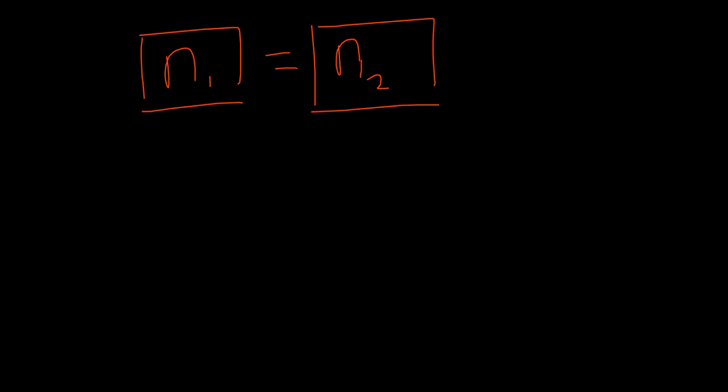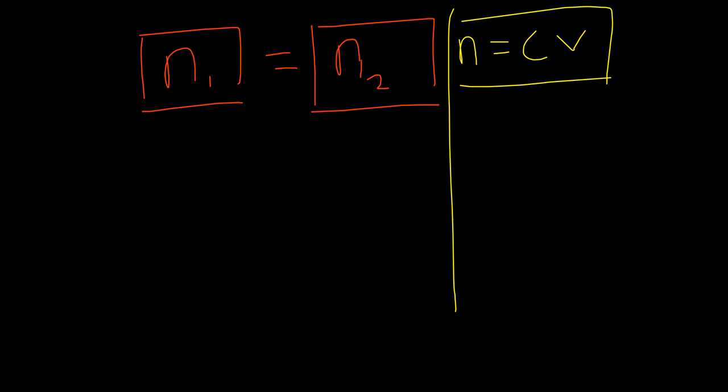Now, let me just write something here. Now, how do you determine the mole of substances? For you to get the mole of substances, you only need to multiply the concentration by the volume. That's how you determine moles of substances. And remember, this is actually coming from the equation concentration equals mole over volume.